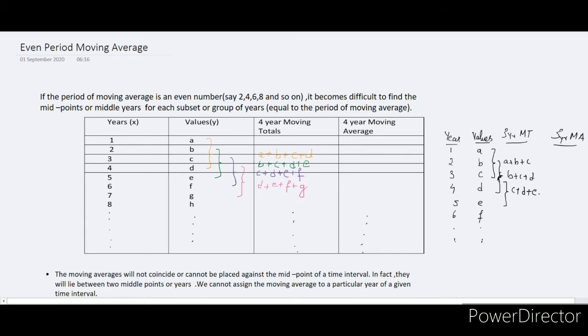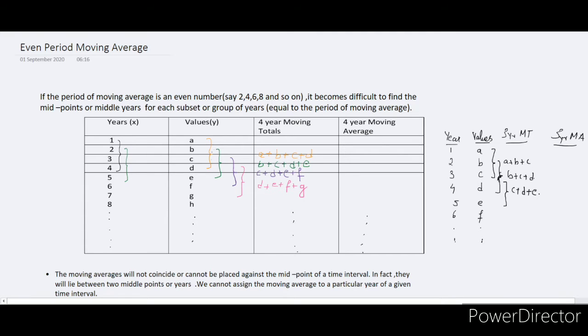It means we are taking a group of 4 years all the time. So we start with the first 4 years, where we take years 1, 2, 3, 4. Then the next 4 years, where we take years 2, 3, 4, 5, and so on and so forth.